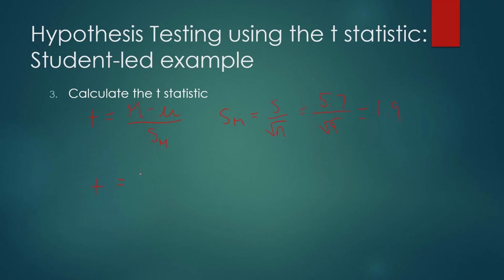Our sample mean was 77.2 minus our population mean of 81.7 over our estimated standard error. That's going to give us a value of negative 4.5 over 1.9, which gives us a value of negative 2.37.